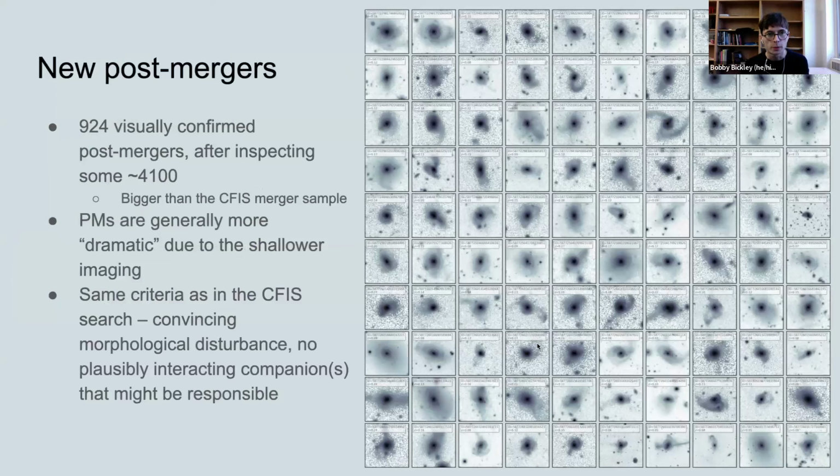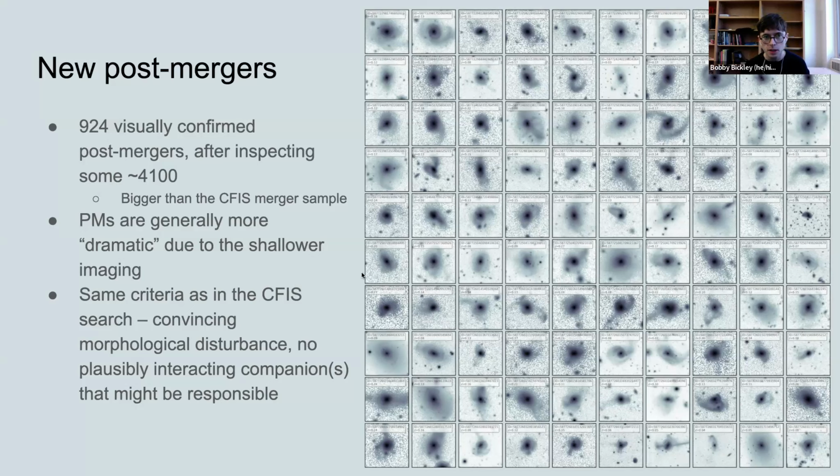So we find some new post-mergers, and we actually get more out of DECaLS than we found using CFIS, which is nice. And this is just to do with the total number of galaxies that we're looking at, and the number of galaxies that get these high post-merger predictions. So I went through 4,100 galaxy images a couple months ago, and confirmed by eye 924 of them.